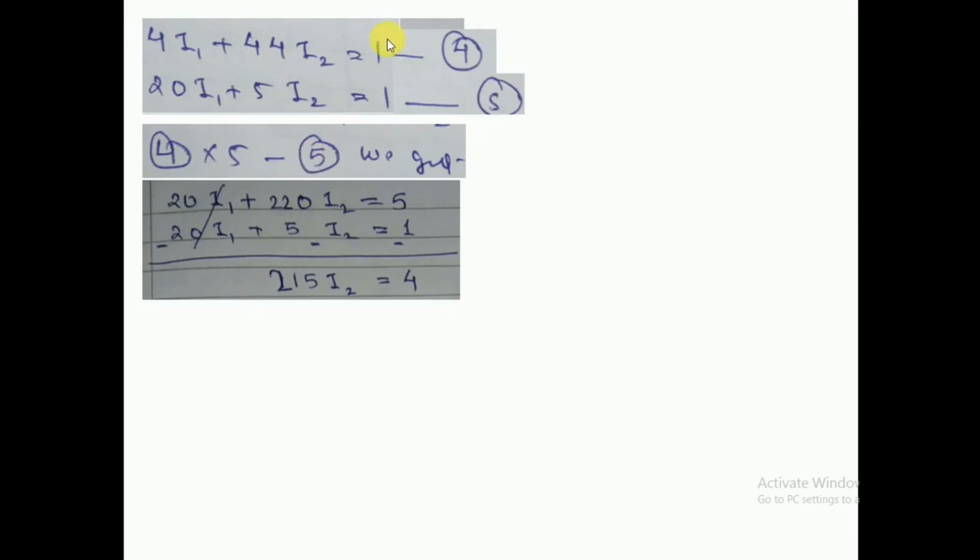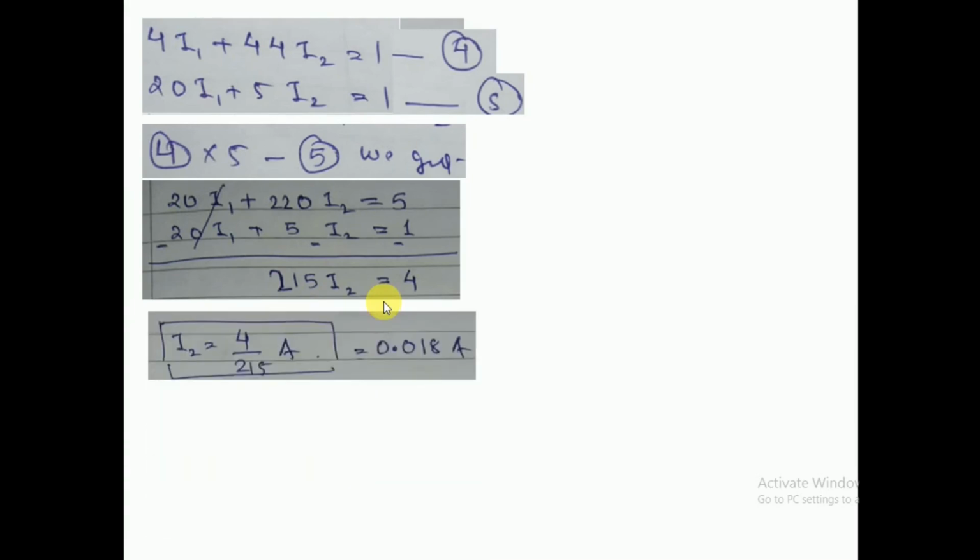So this is 20 I1 plus 220 I2 is equal to 5. Subtracting, you'll get 215 I2 is equal to 4. So I2 is equal to 4 by 215. So you got the value of I2.